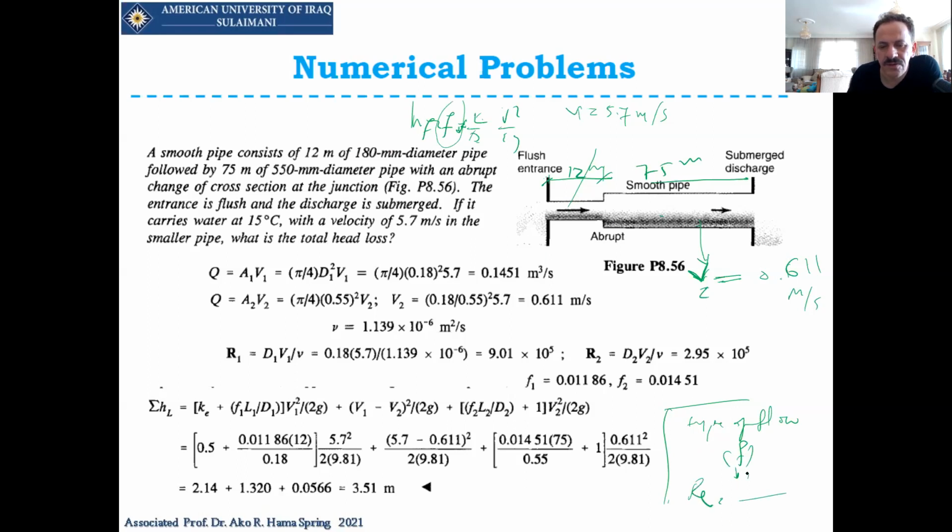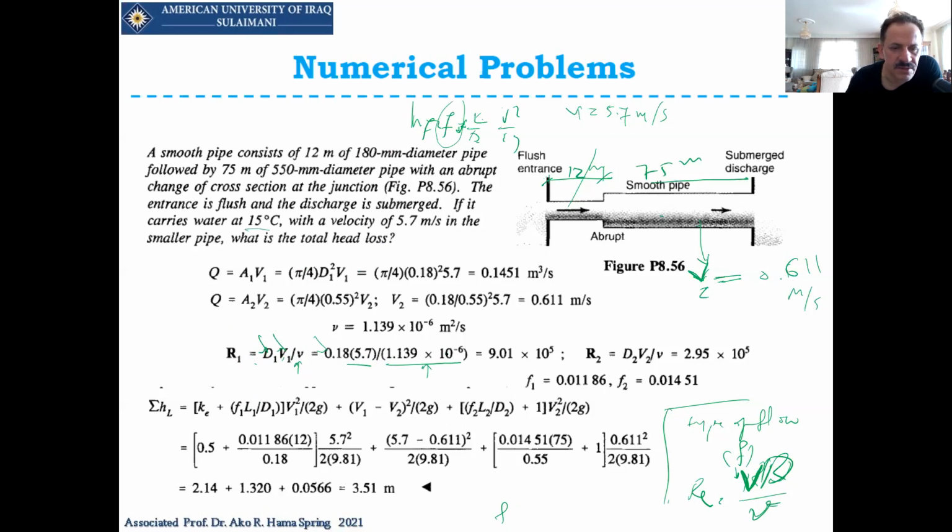The Reynolds number is equal to rho V D over mu, or V D over nu. So D1 V1 over nu, where D1 is the diameter of the first pipe and V1 is 5.7, divided by the viscosity of water at 50 degrees.